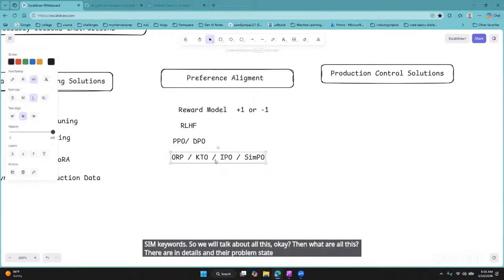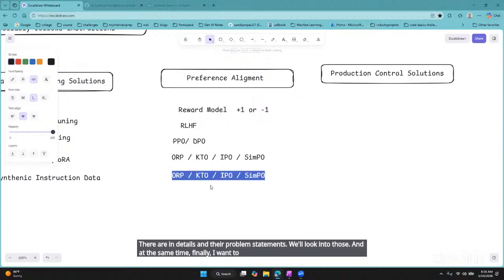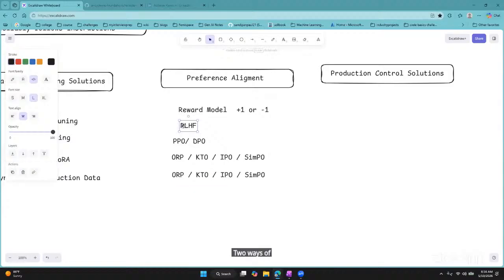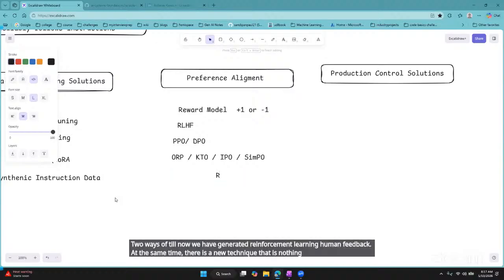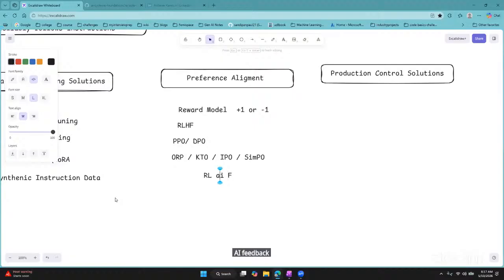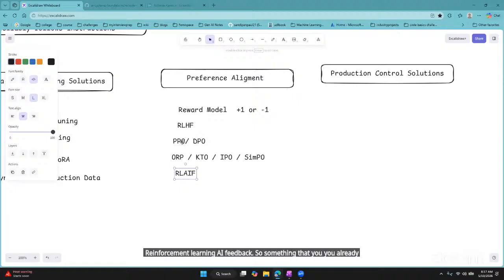We'll look into those. And at the same time, finally, I want you to understand there are two ways. Till now we have covered reinforcement learning human feedback. At the same time, there is a new technique, reinforcement learning AI feedback. Something that you already knew, that is LLM as a judge.